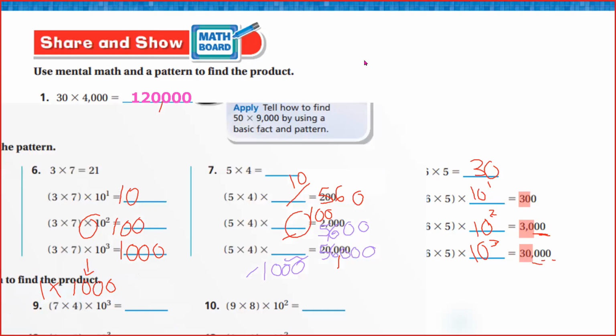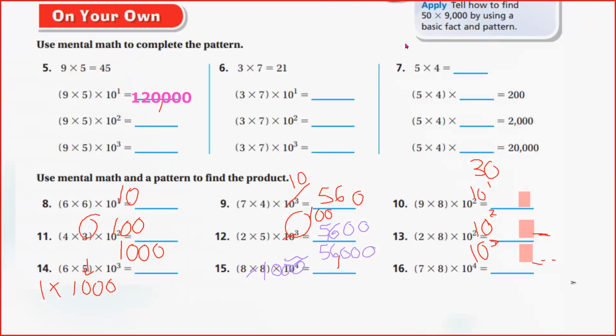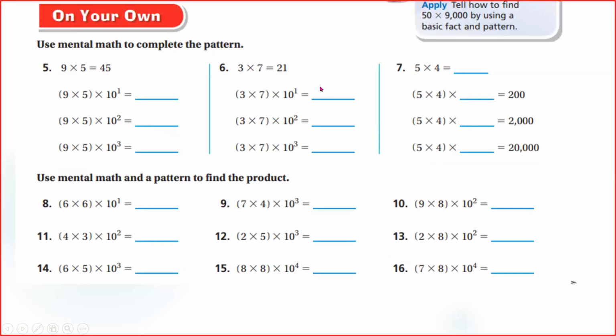Now, let's go to the second page here. Yes, Sarah. 9 times 5 is 45. I have 9 times 5 times 10. So here, 10 to the power of 1 means I have to add only one zero. 10 to the power of 2, I add 2 zeros.